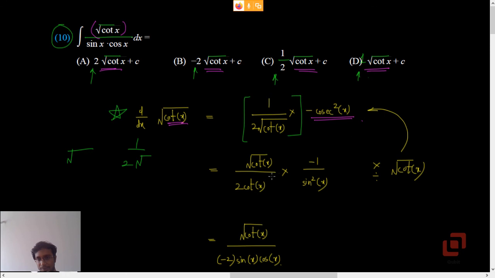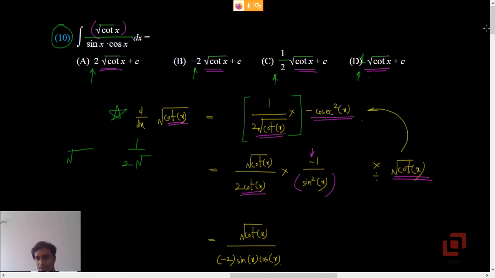So numerator became root cot, but now the denominator is root of cot x into root of cot x, so that will simply be cot x. Then I kept negative sign in the numerator and I wrote sin squared x in the denominator, but that's fine, you can adjust cosec squared x according to the problem.